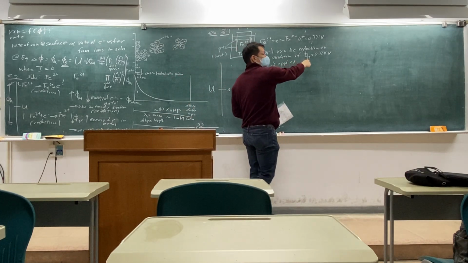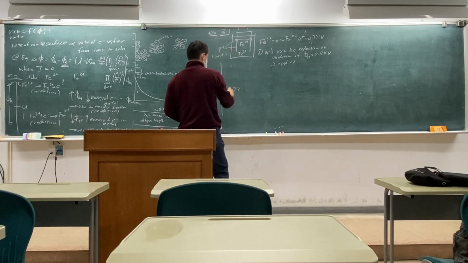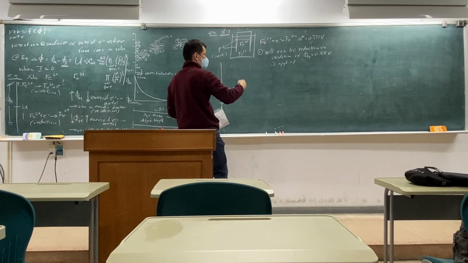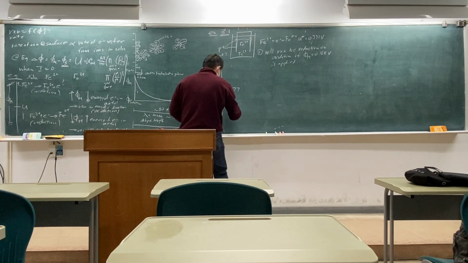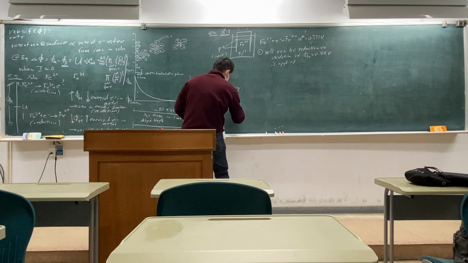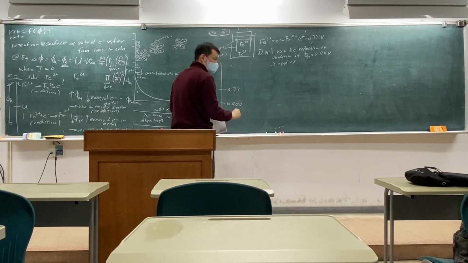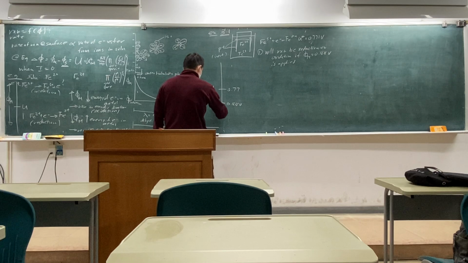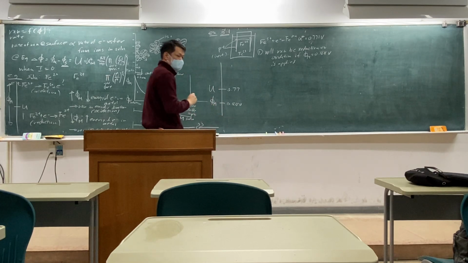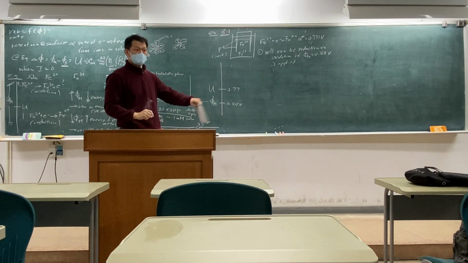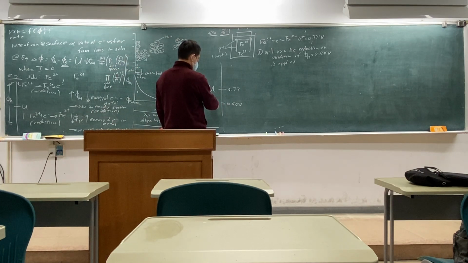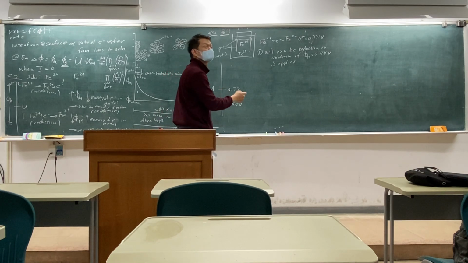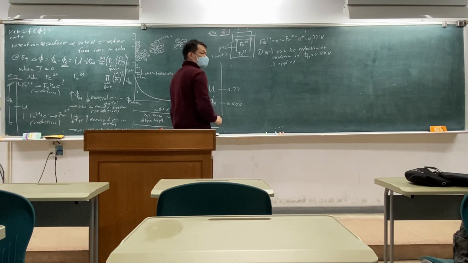The potential you apply is 0.44 volts, and you apply this to one of the electrodes. So is this higher than that, or lower? Obviously it's lower. If this is lower, what does that mean?